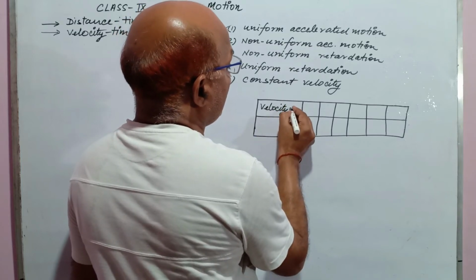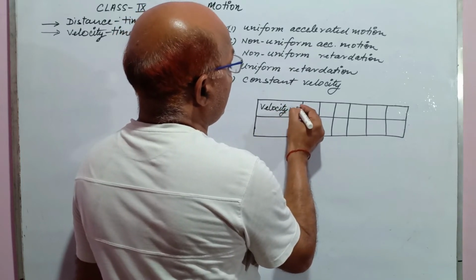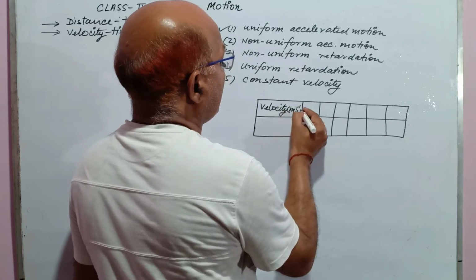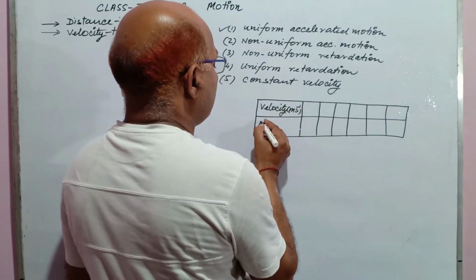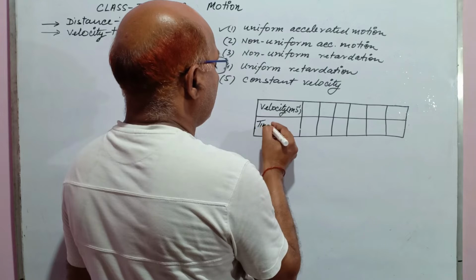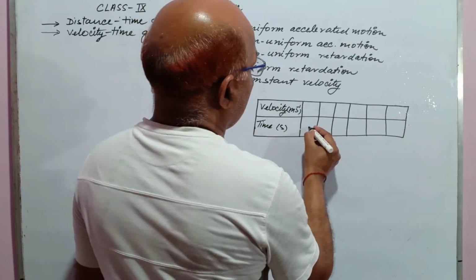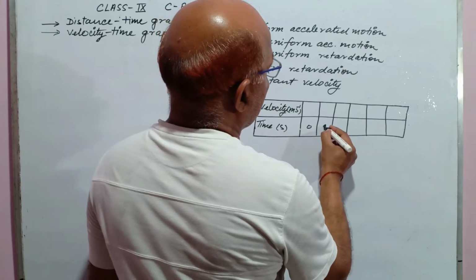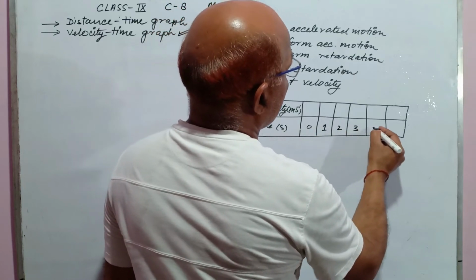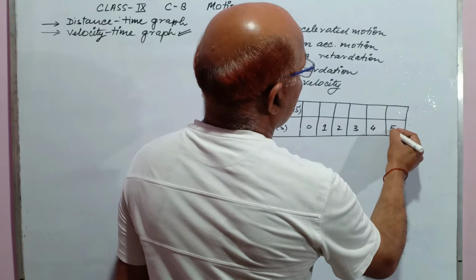Velocity in meter per second and time in second: 0, 1, 2, 3, 4, 5.